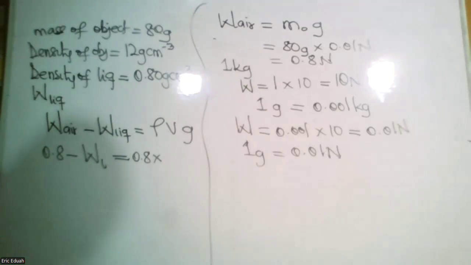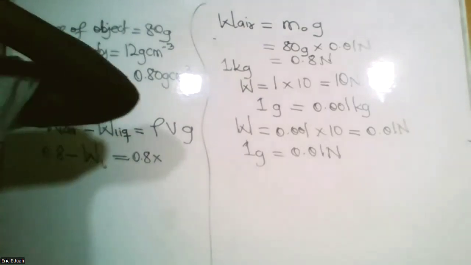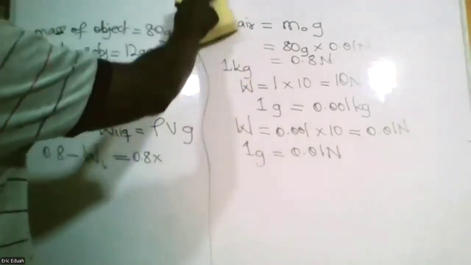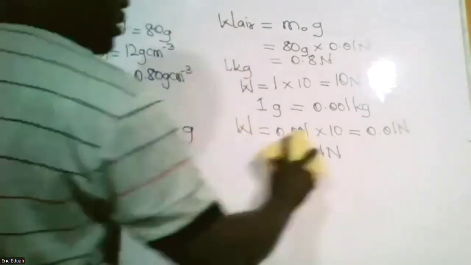Come again. 100 centimeter cube as the volume. Is it of the object or that part of the object submerged? Of the object.